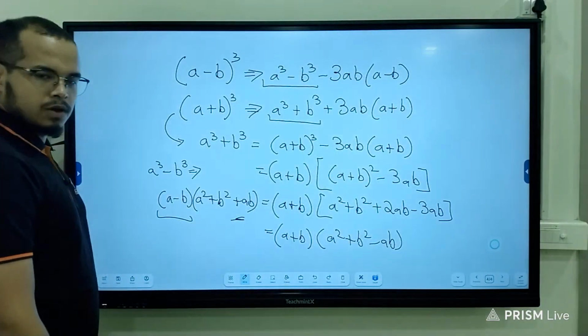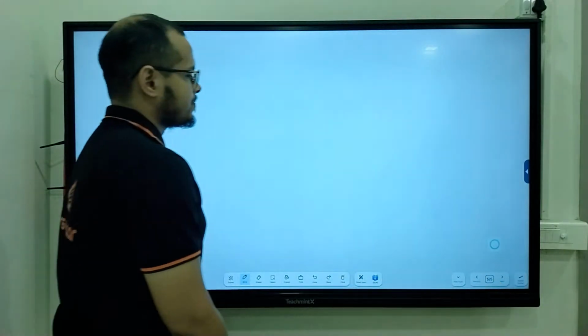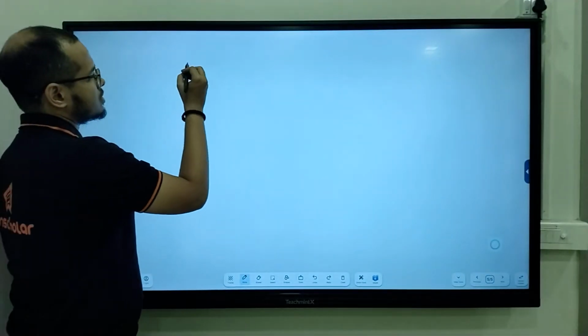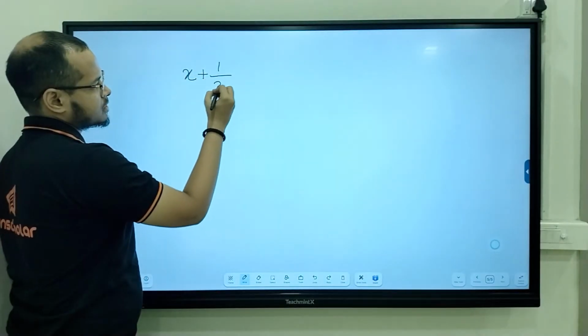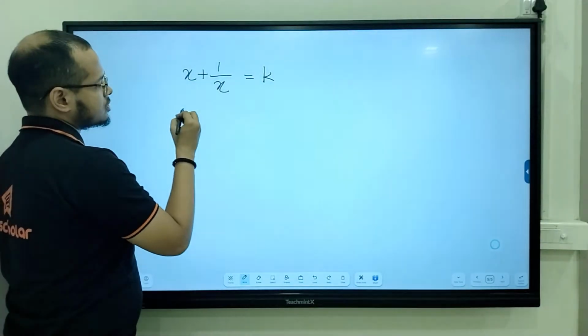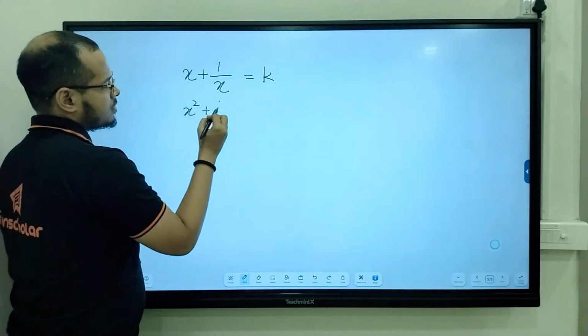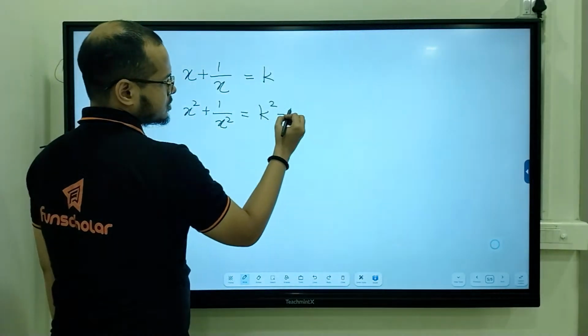That is it. Now let's move forward to the third set. If I have an equation like x plus 1 by x equal to k, we've already understood that x square plus 1 by x square will give us k square minus 2.